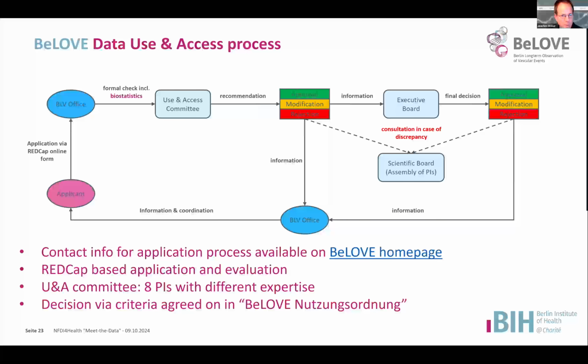And then the executive committee is informed by the use and access committee about the application, and also about the recommendation of the use and access committee, and the executive board confirms or modifies the recommendation. And if there's a difference in the decisions of the executive committee and the use and access committee, we have a larger board of PIs where the application can be discussed, and the final decision then is made by the executive committee.